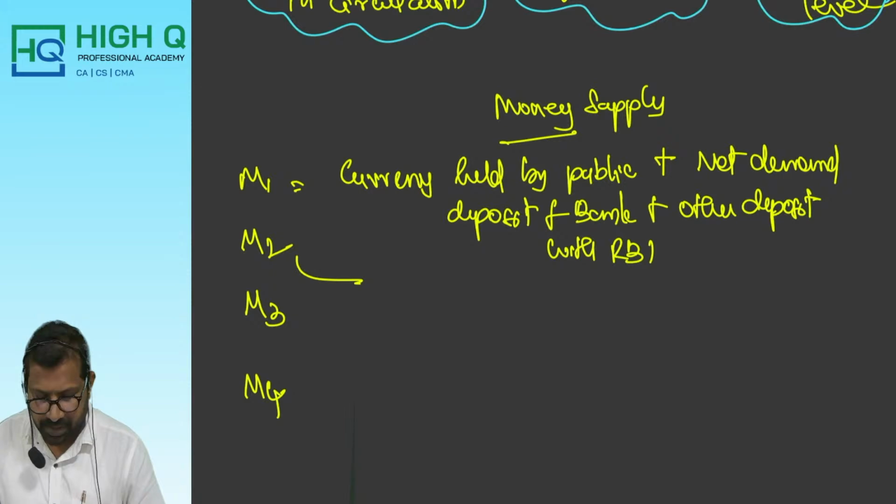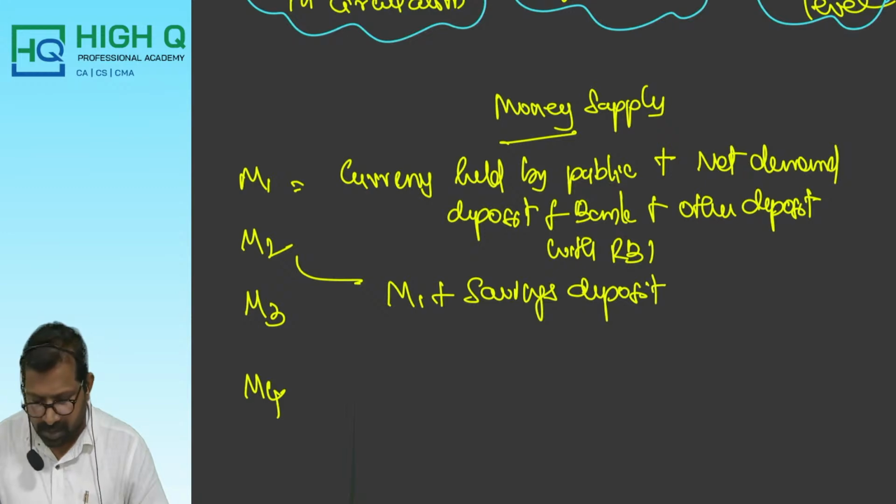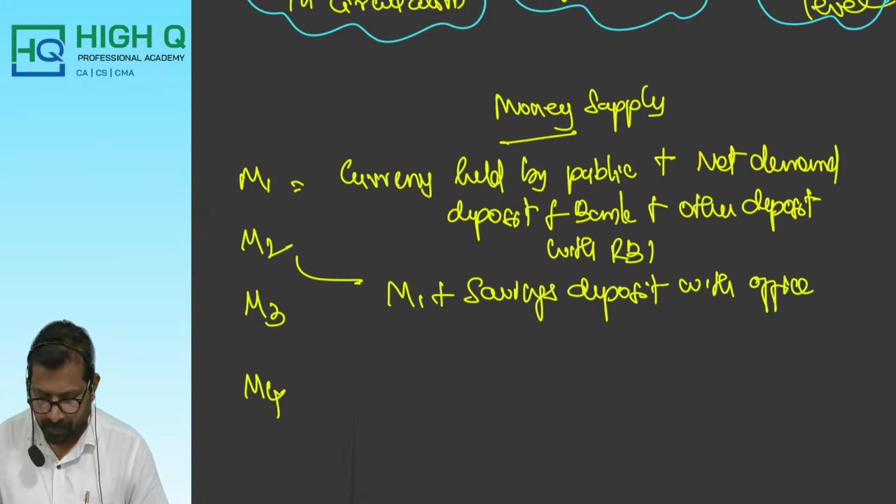Now M2 represents M1 plus savings deposits with post office savings banks.